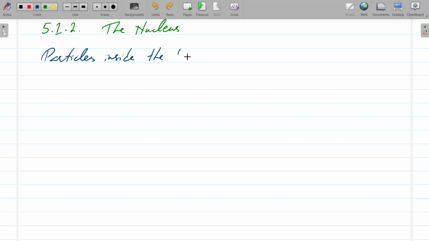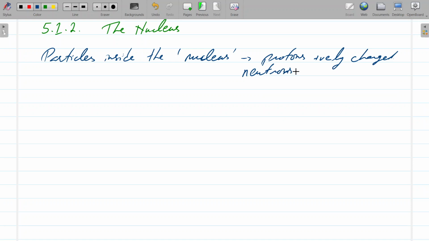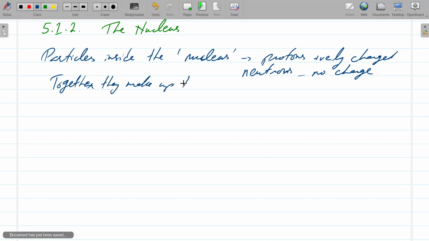Right? Which are positively charged. So you've got protons. We're familiar with these from chemistry, which are positively charged. And neutrons, which don't have any charge. And together they make up the mass of an atom.